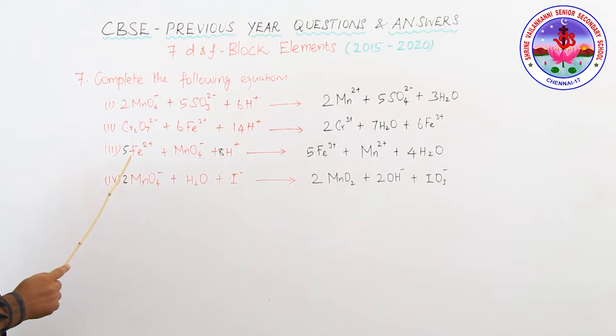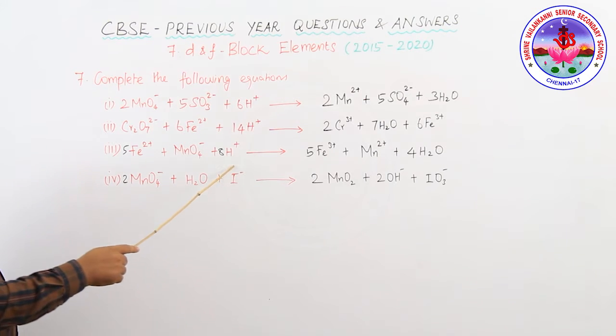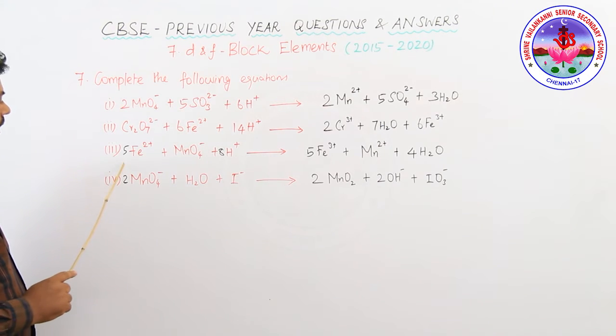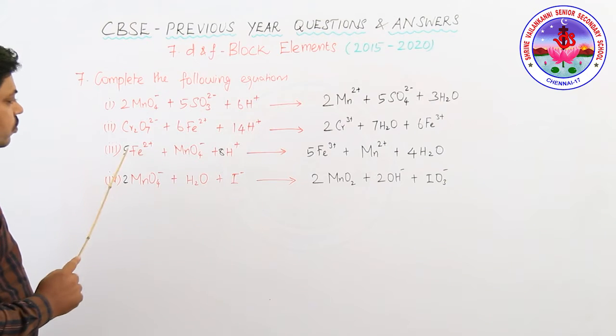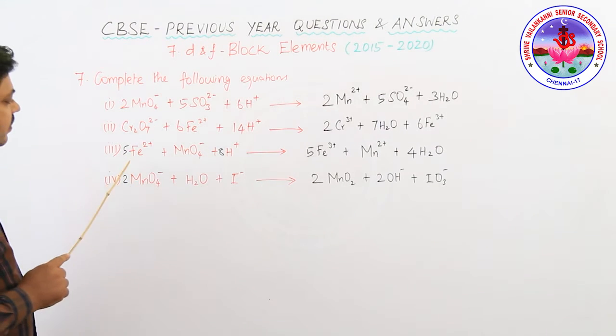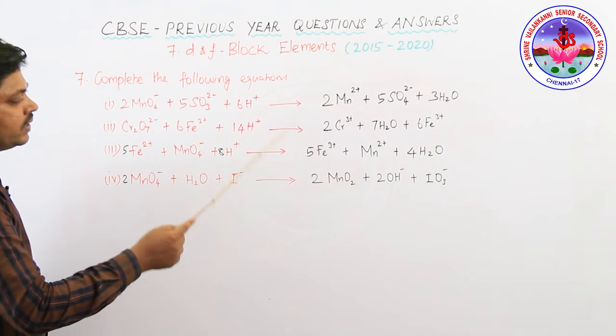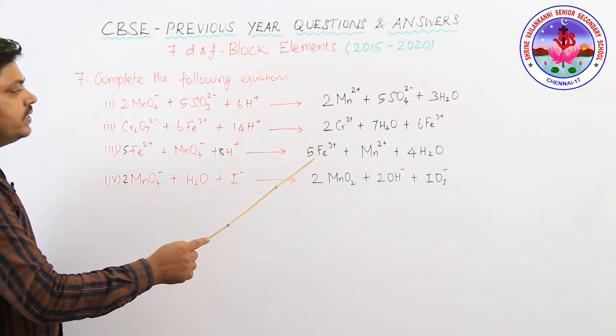Then the third question. In the question paper, only Fe2 plus plus MnO4 minus plus 8 H plus is given, gives what? You can easily identify some of these questions: Fe2 plus converts to Fe3 plus, which means it gets oxidized.